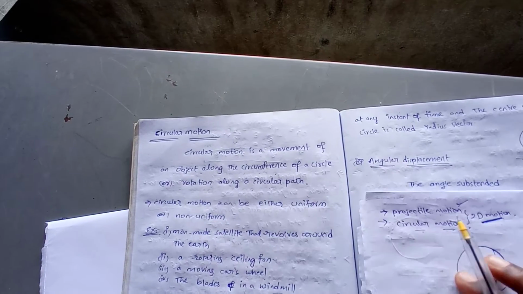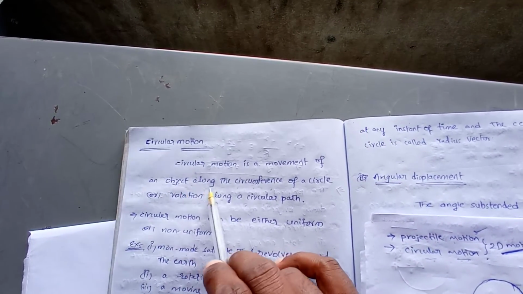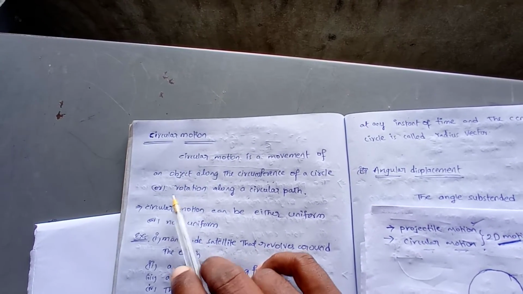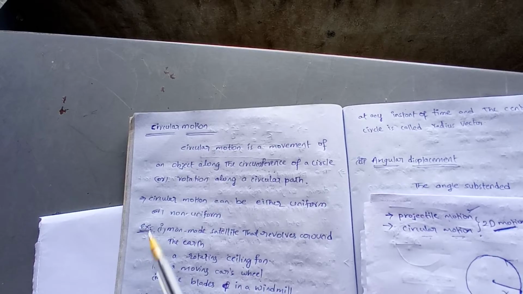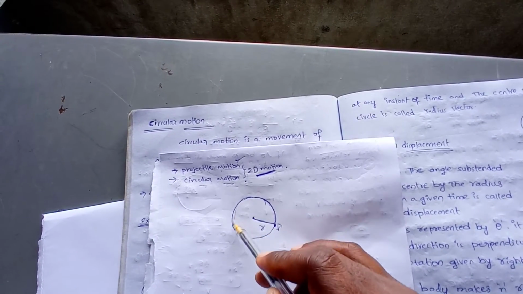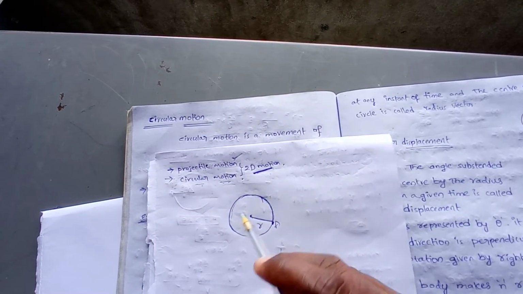Okay. So what is a circular motion? Circular motion is a movement of an object along the circumference of a circle or rotation along a circular path. Suppose this is a circular path or circumference of a circle.